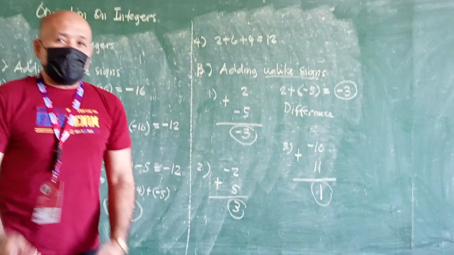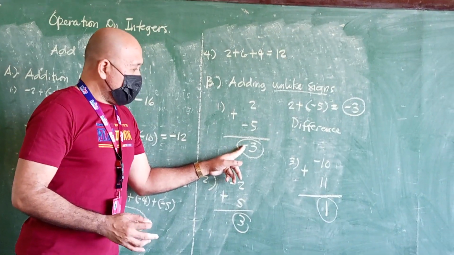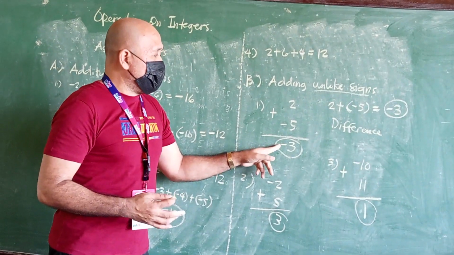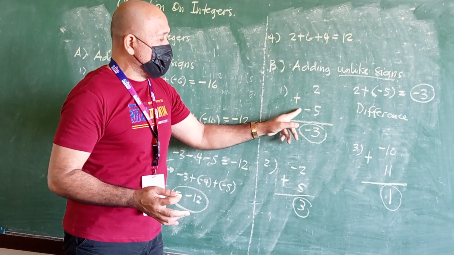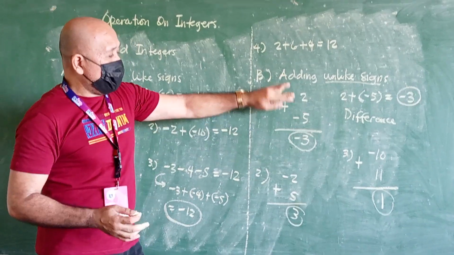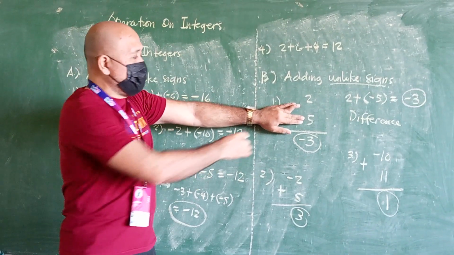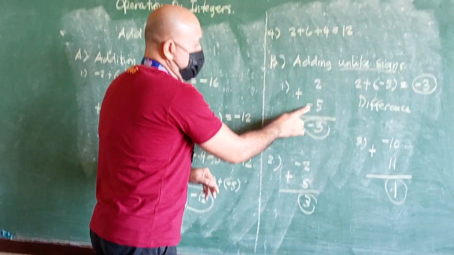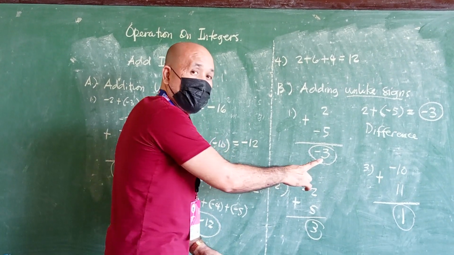As a conclusion, class, after getting the difference, you always use the original sign of the given integer that has the bigger absolute value. For example, in the first one, when you cover the negative, you are just getting the absolute value of 5, and since 5 has the bigger absolute value, you use its sign for your difference, so the final answer is negative 3.